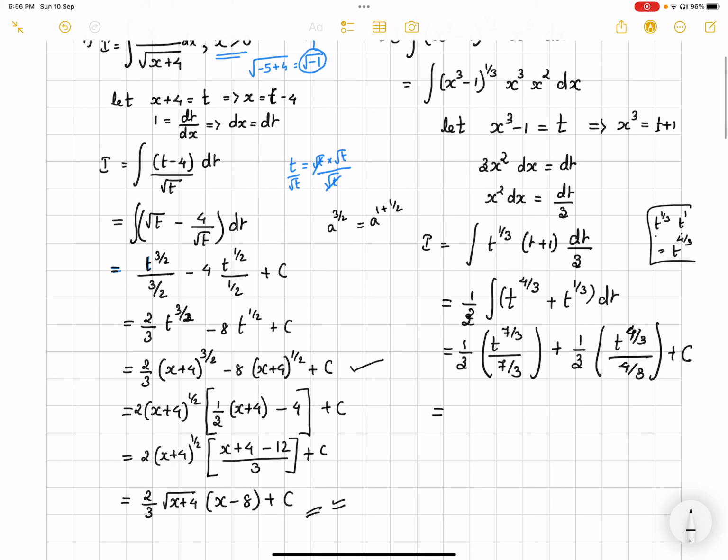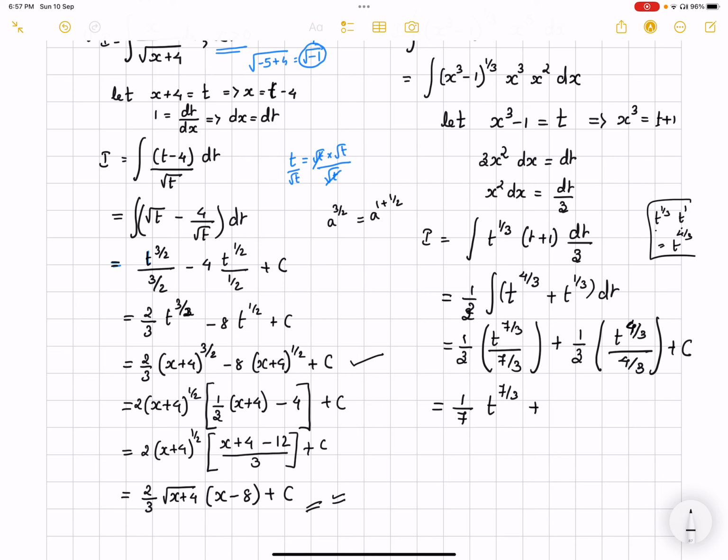Now the 3 gets cancelled, and so I would be having 1/7 t to the power 7/3. And then again here as well, 3 and 3, because the denominator becomes a numerator, it gets cancelled. I would be having 1/4 t to the power 4/3 plus c.